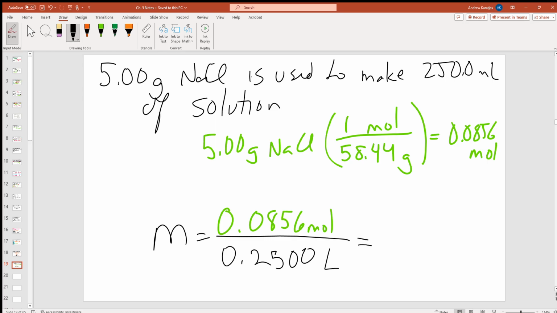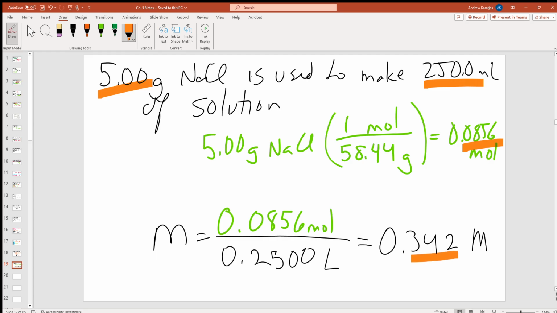And we get our concentration of 0.342 molar. Notice we kept this one to 3 significant figures because our volume was given in 4 significant figures, but our mass of our solute was only 3, which meant we had 3 sig figs in moles, leaving us with a concentration of 3 sig figs.